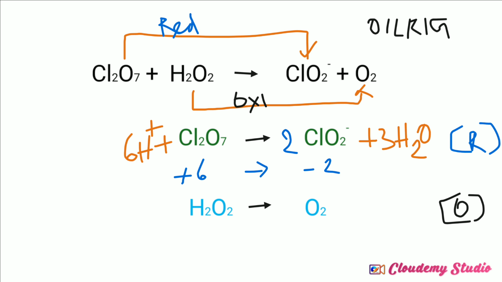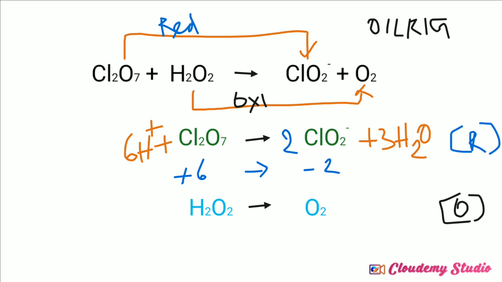Oxidation is loss of electron, reduction is gain of electron. So using this code word, we can remember that in reduction, gain of electron takes place.